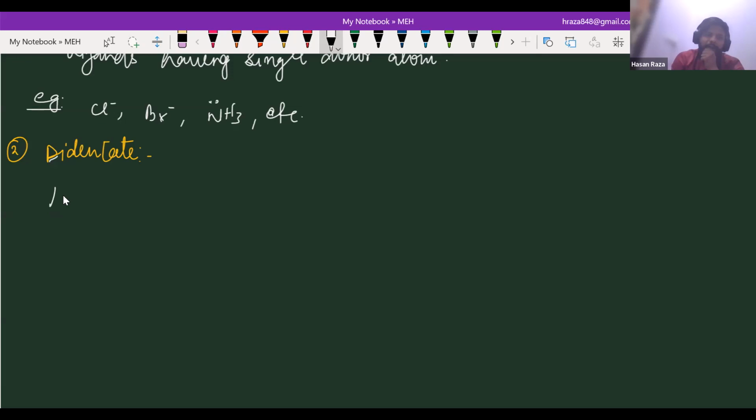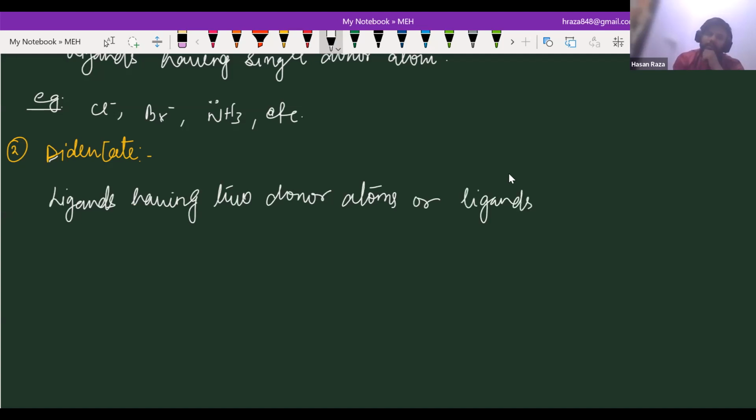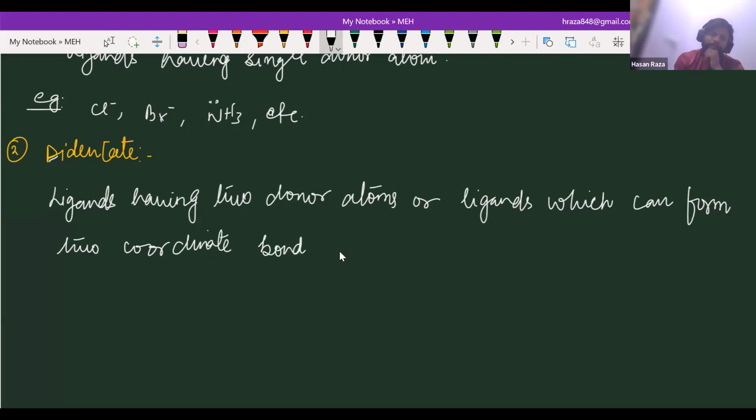Ligands having two donor atoms, or ligands which can form two coordinate bonds at a time, are called bidentate.